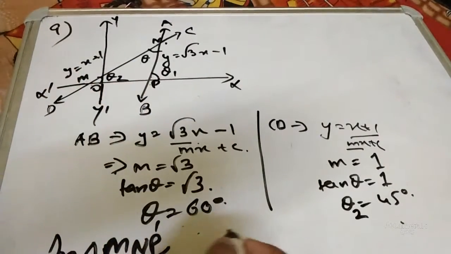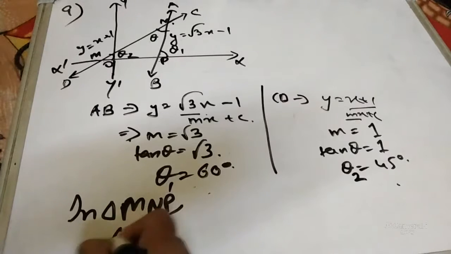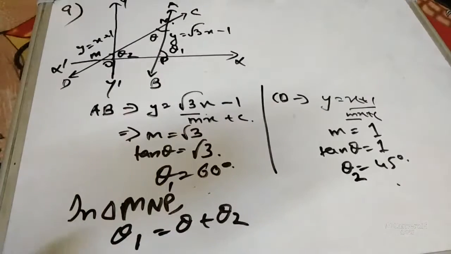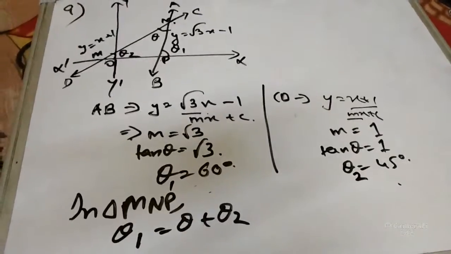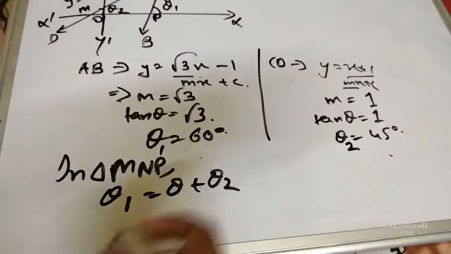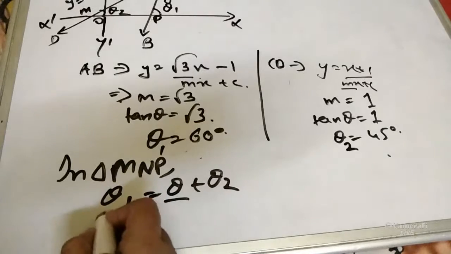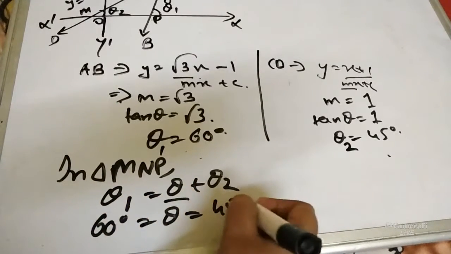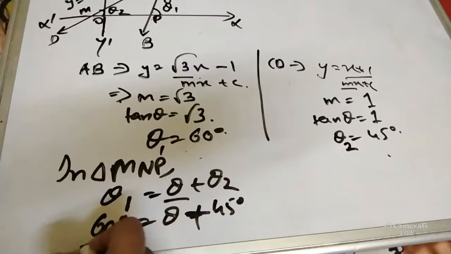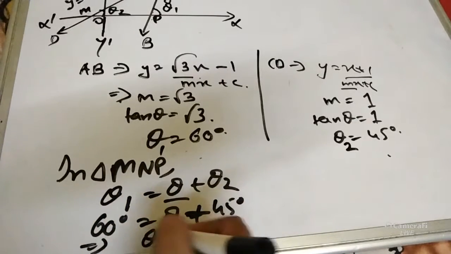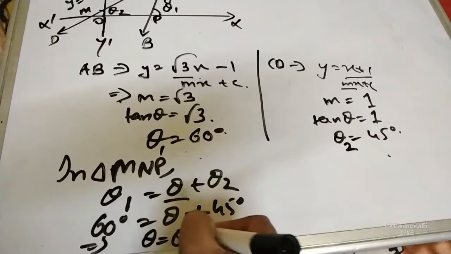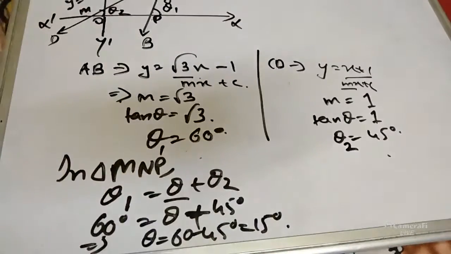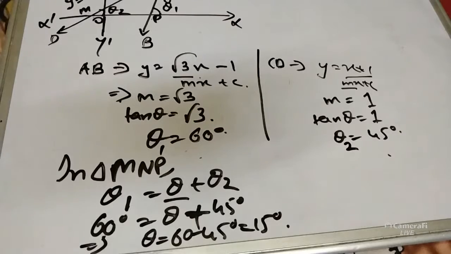So we can write this equation like this: theta 1 is equal to theta plus theta 2. From here we can find out theta easily. Theta 1 is 60 degree, theta we don't know, theta 2 is 45 degree. So what will be the value of theta? 60 minus 45, or theta is equal to 15 degree.